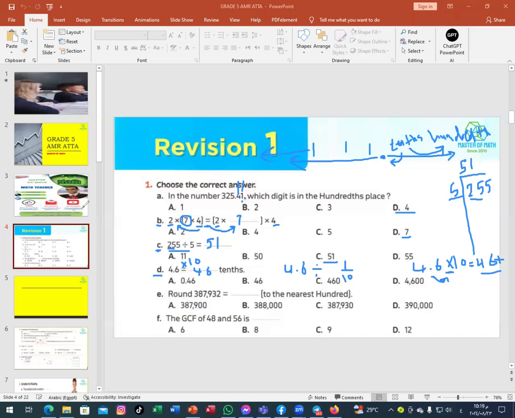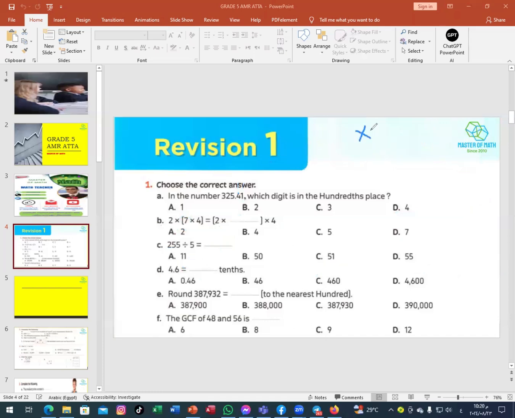We have to remember, when we multiply a decimal number by 10 or 100 or 1000, we have to move the decimal to the right. If we have 10, the decimal moves one step. 2 zeros, the decimal moves 2 steps. 3 zeros, the decimal moves 3 steps to the right.